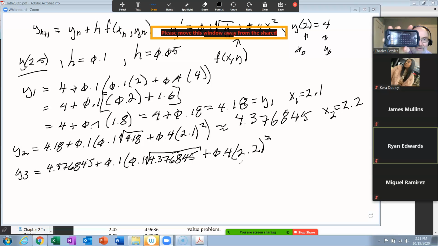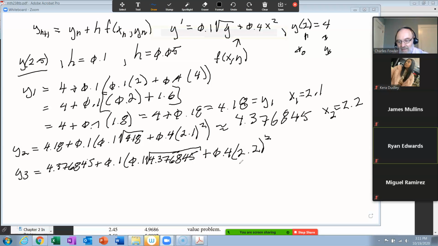So I've got my y3 on my screen now, so I'm just going to add to that plus 0.1 times, open parentheses again, 0.1 again, okay, times, now I have to enter my number, and this is where I'll probably screw up, 4.376845, so I've got some round off there, take a square root of that, plus 0.4, that was part of the problem, times 2.2 squared, close the parentheses, equal.